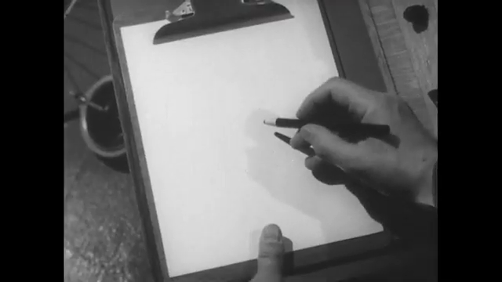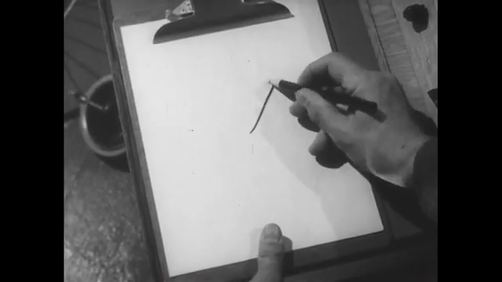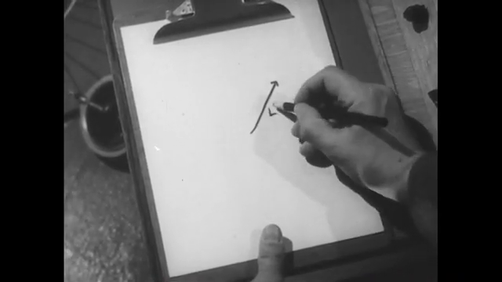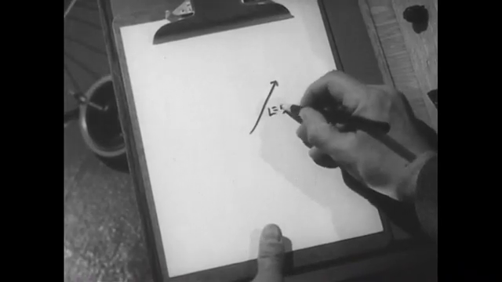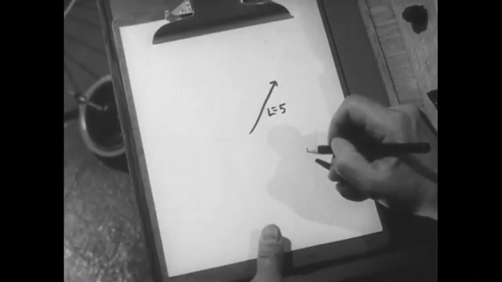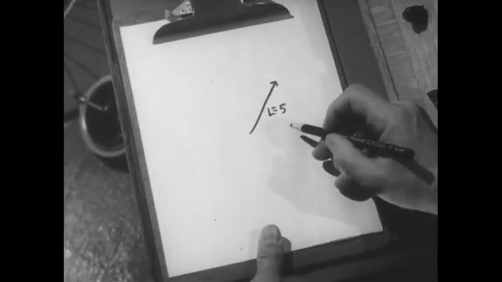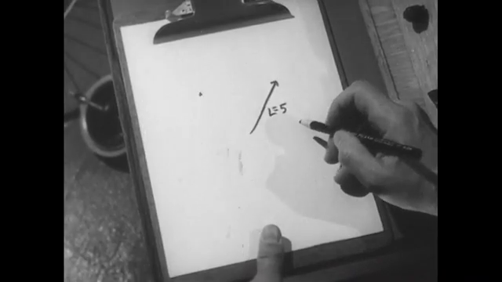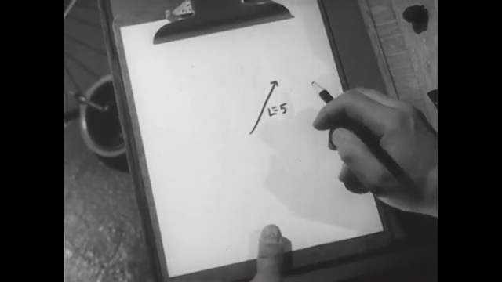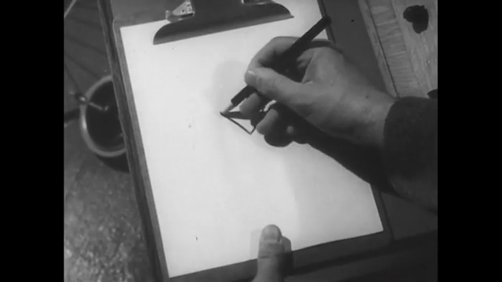We'll represent the angular momentum of the first gyroscope by this vector and label it L equal 5 arbitrary angular momentum units. Of course, gyroscope number 3, having the same number of arbitrary angular momentum units, will also be represented by a vector of the same length, but in this direction.